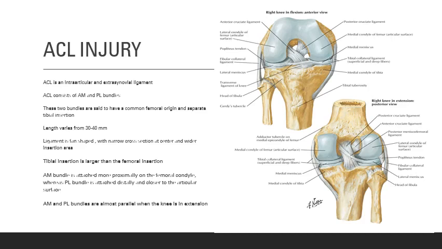Anteromedial bundle is attached more proximally on femoral condyles, whereas posterolateral bundle is attached distally and closer to the articular surface. Anteromedial and posterolateral bundles are almost parallel when the knee is in extension.